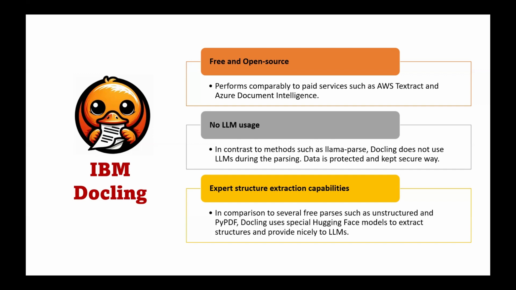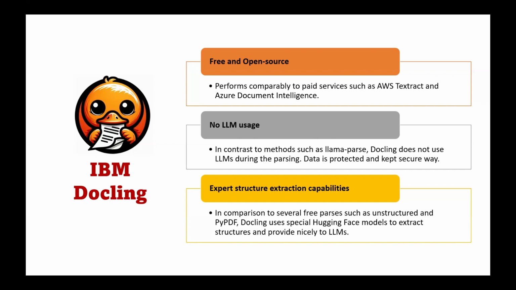And also there are some data protection issues, because these models are either their own private fine-tuned models or public models. It simply sees our data, so there is an issue with data protection with such approaches. IBM Docling is free of LLMs during the parsing stage, which is definitely a great feature, especially when the data is sensitive and we do not want to send this data to the outside.